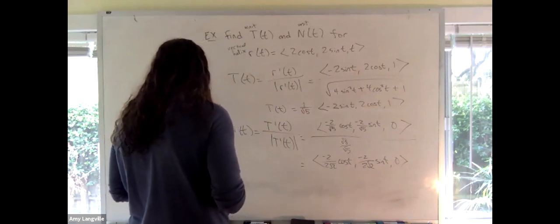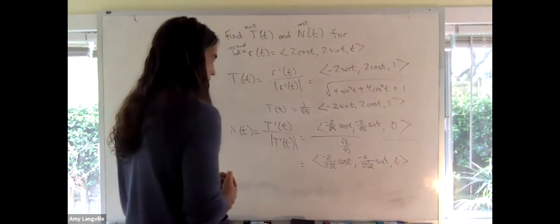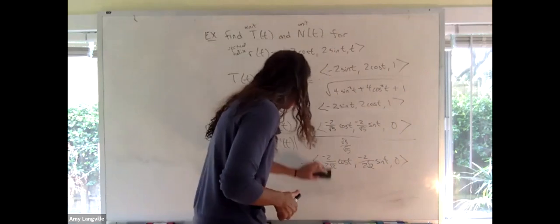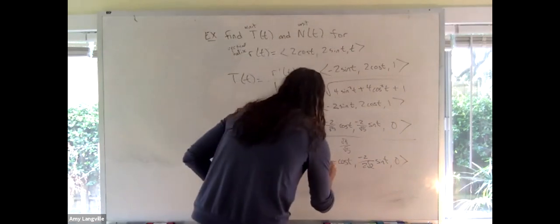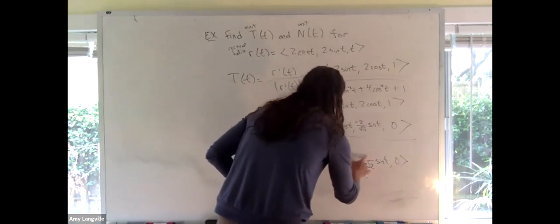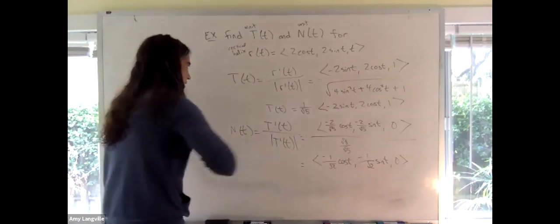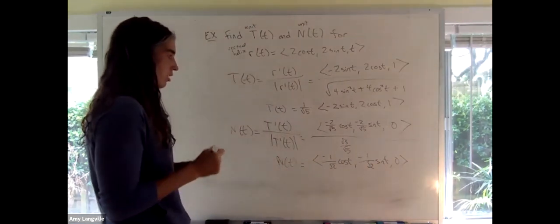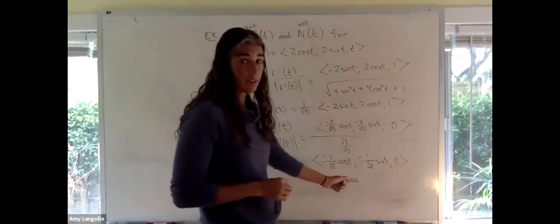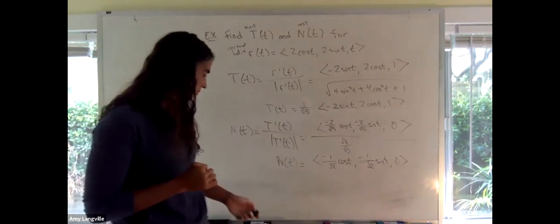Okay, so some things cancel out. And again, that represents our normal vector for any t. You plug in a t, it'll spit out a vector, but that vector always points in the direction of motion.